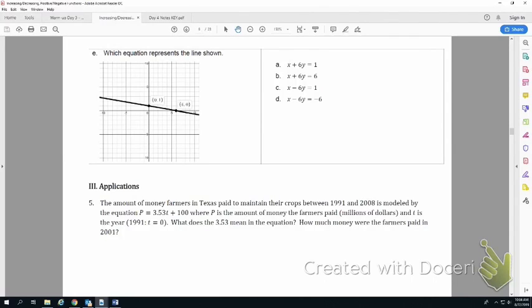So what you can do is take one point, and I know at this point my x is 0, my y is 1. And what I can do is plug those values in for x and in for y.